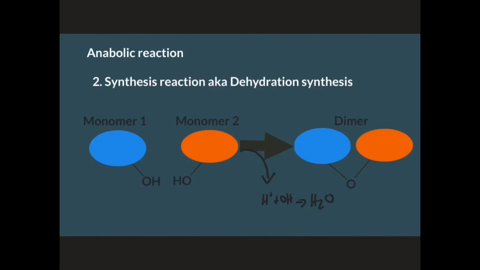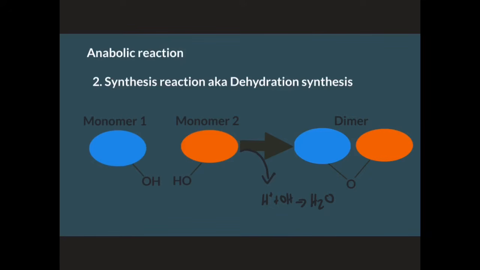A synthesis reaction is the opposite of a decomposition reaction. In this case, we're going to have two pieces, two monomers, and we are going to build them up in this anabolic reaction. And so in this case, instead of adding water, we're actually going to be removing water from these monomers in order to put them back together in a dimer formation.